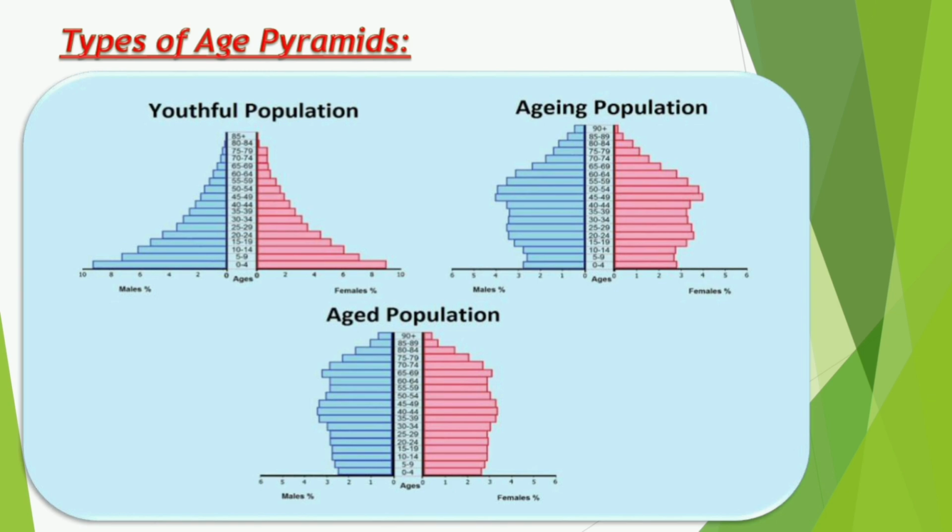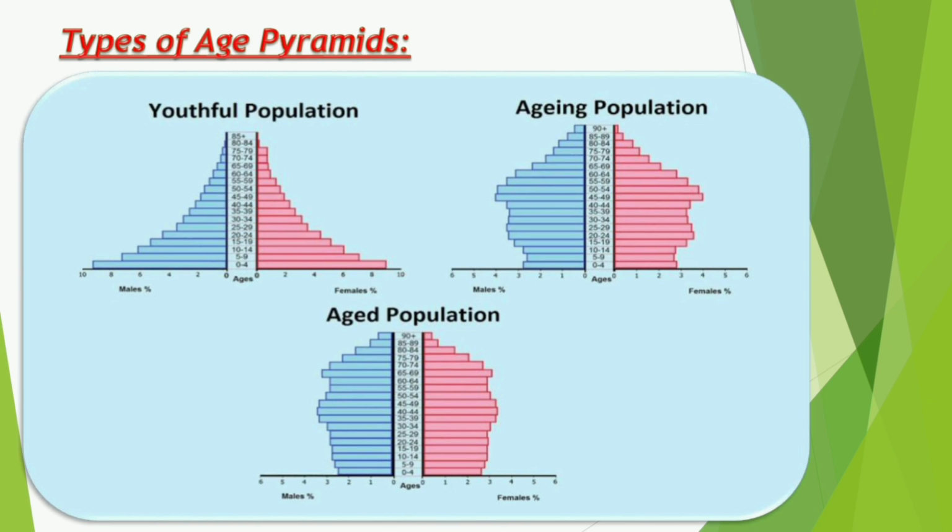The third pyramid is the aged population. Here, the base is narrow, meaning very few children are being born, but the upper part of the pyramid is wider than the others, showing a large elderly population. This happens when birth rates are extremely low, death rates are very low, and life expectancy is high.